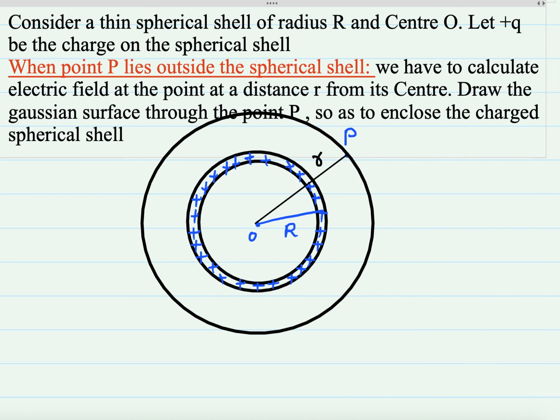This is the Gaussian surface of radius small r.